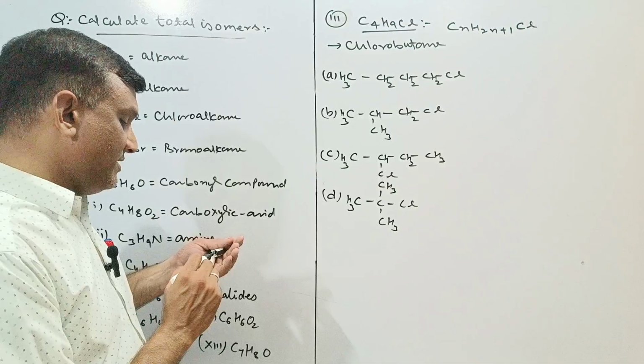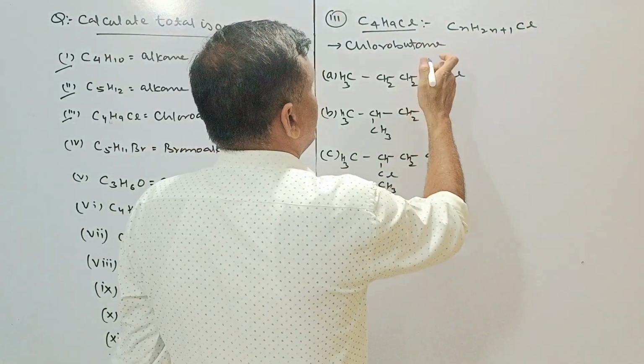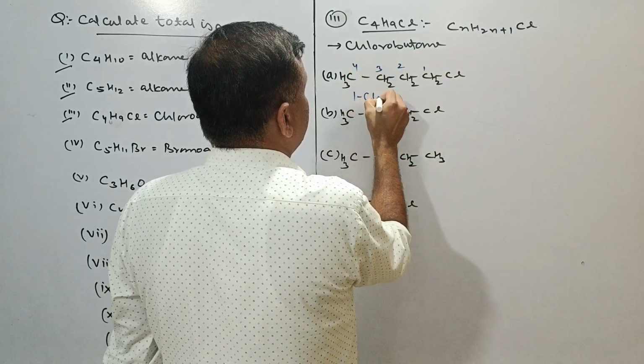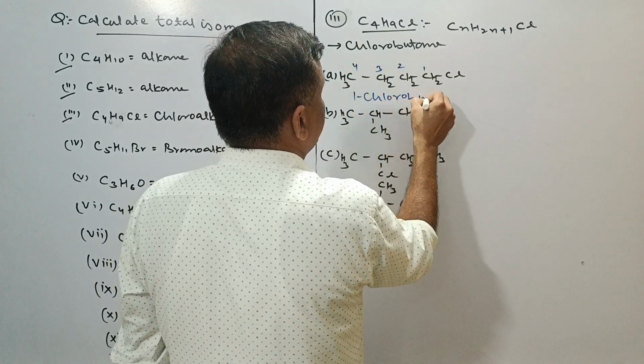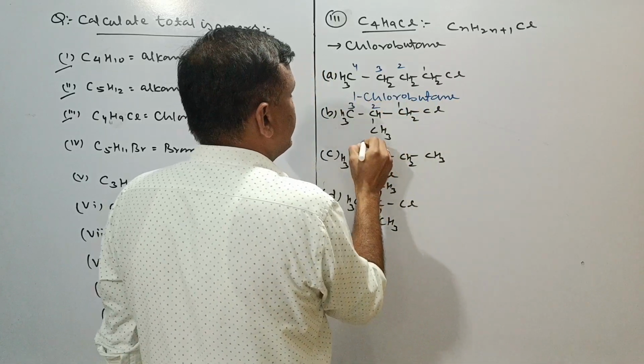If we go with the names of the compounds, then we can number them 1, 2, 3 and 4. This is 1-chlorobutane. This one is 1-chloro-2-methylpropane.